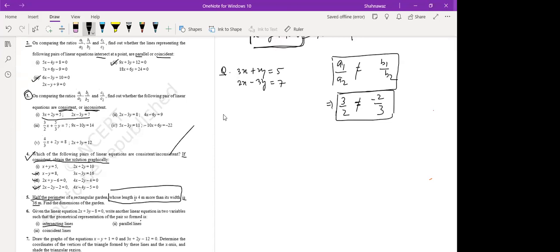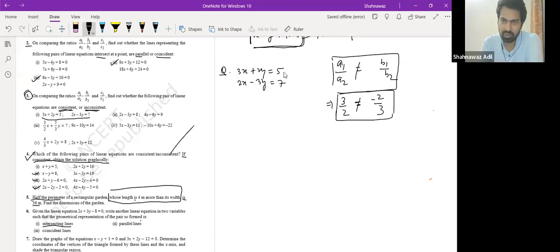So in the substitution method, what we do is that you have two equations and two variables, X and Y. What you do in the substitution method is find one of the variables in terms of the other. Let's say you find the value of Y. If I want to calculate the value of Y, I keep this term here and take the other term to the right hand side.